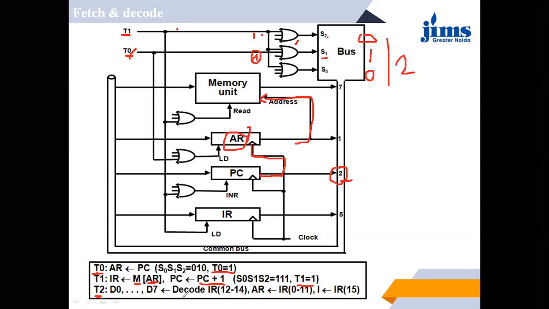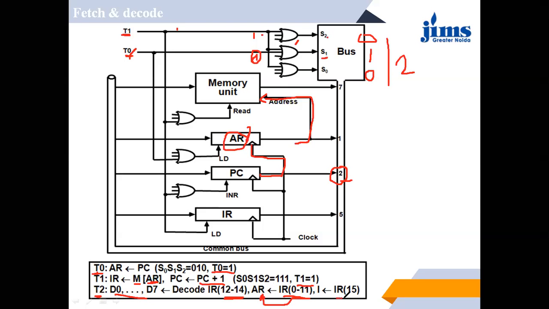So we are sending the data of 12 to 14 to D0 to D7, and from 0 to 11, the content of the instruction register goes into the address register.